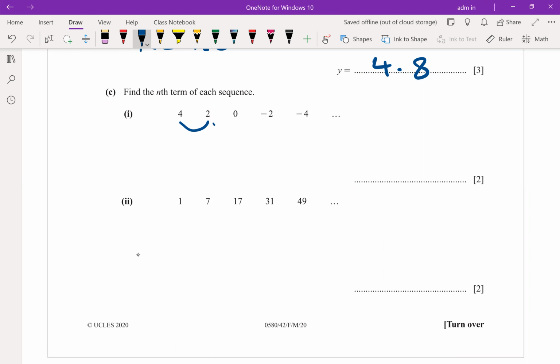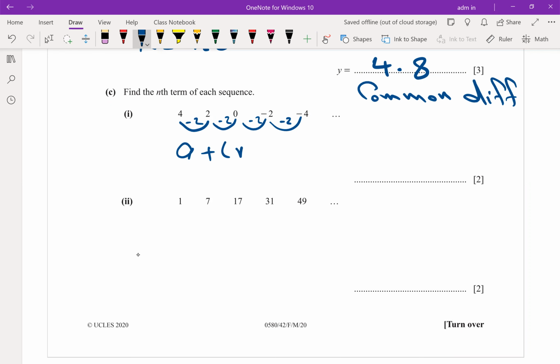We add what or subtract what? Subtract 2, subtract 2, subtract 2. Is the common difference the same? The common difference is the same. So this sequence is named what? Arithmetic.